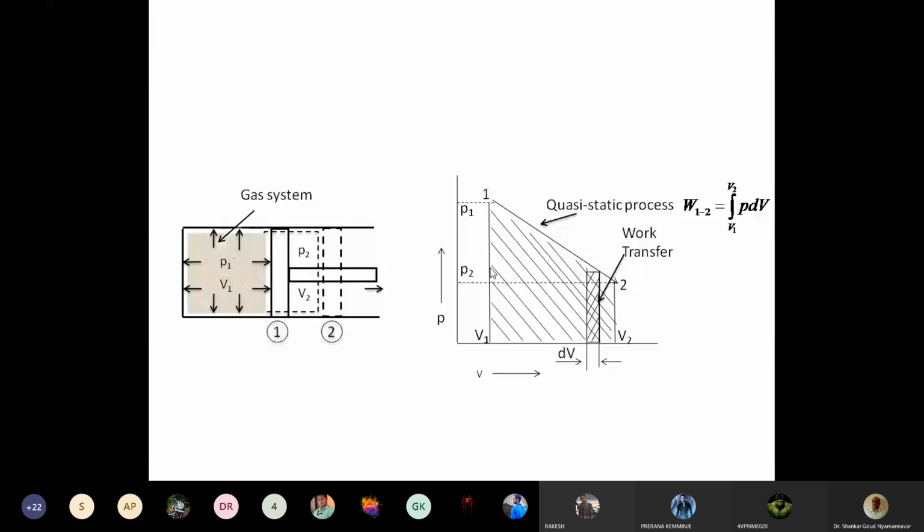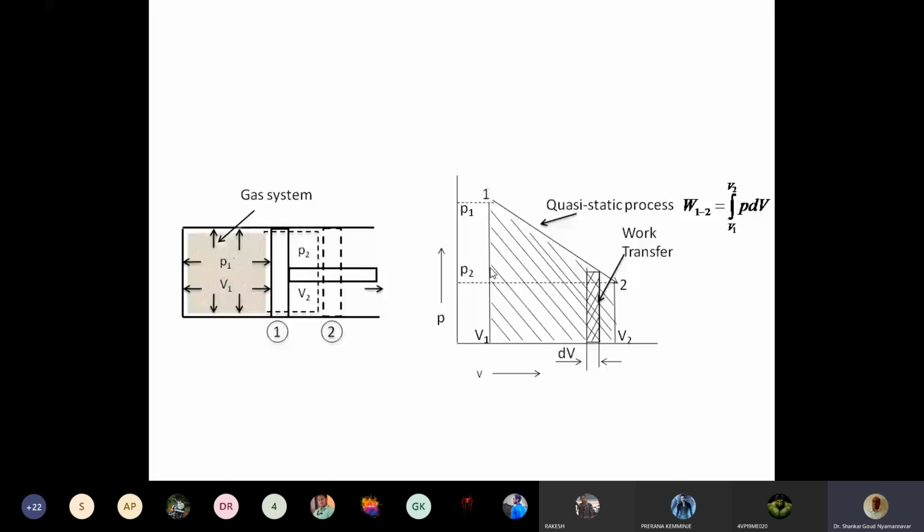If you differentiate this equation, dP on this side, and that side it will become m into dV, right? Or you can write V is equal to m into P plus c. That way also you can write, whichever way you like.